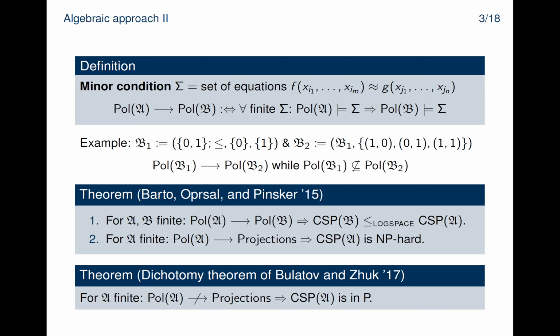Yes. And then in the structure A, for all possible inputs for the variables, the equation will be satisfied. It will be an actual equality between the images of the operations, right? So, for example, minimum is a witness for commutativity as a minor condition, and it just would say f of xy equals f of yx.